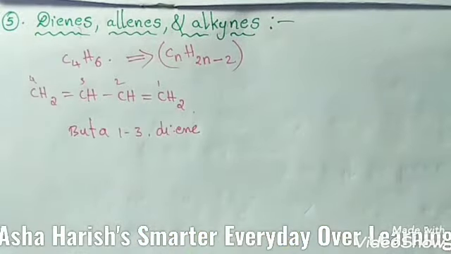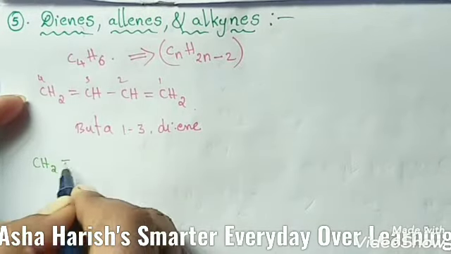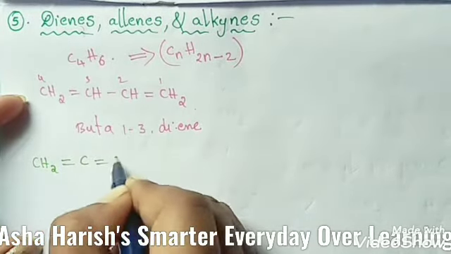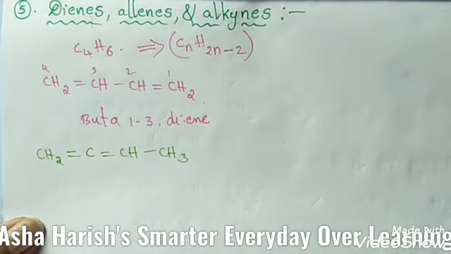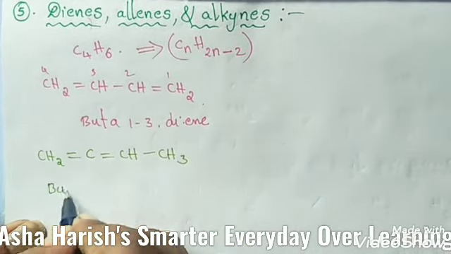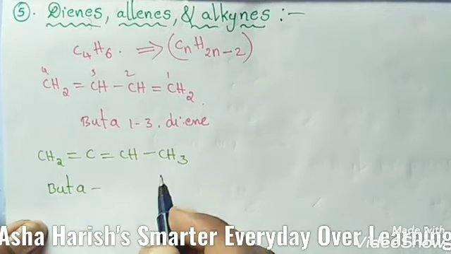Now the next structure I'm going to draw here, CH2 double bond C double bond CH, CH3. In this structure also the root word is but, then buta.